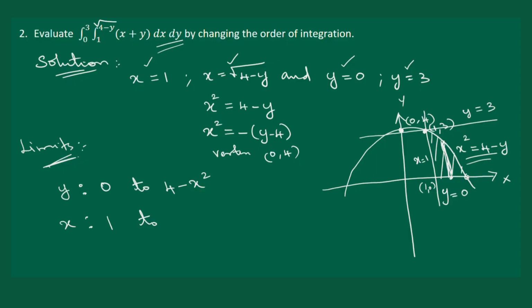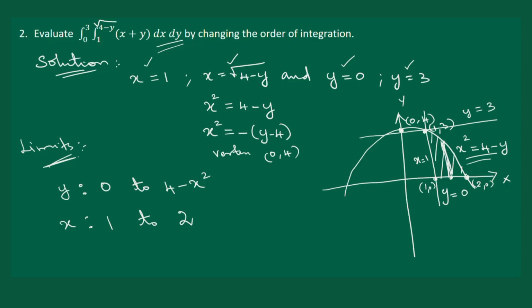And if you put y is equal to 0 here, x will be plus or minus 2, so this point will be 2 comma 0. So this is the point where x takes the value 2 and this is the point where x takes the value 1. While moving this vertical strip, it moves from x equal to 1 to x equal to 2. So the limits are, x ranges from 1 to 2.